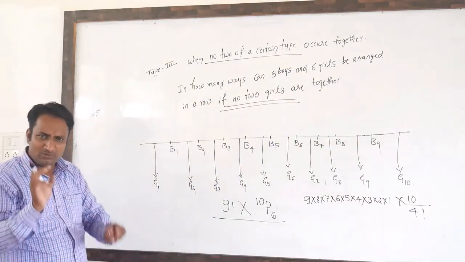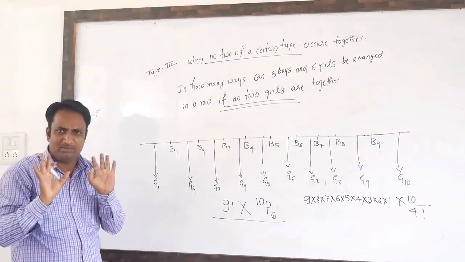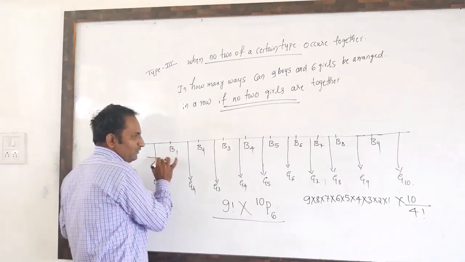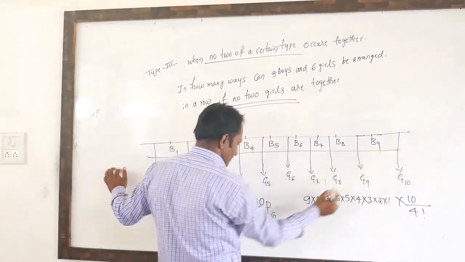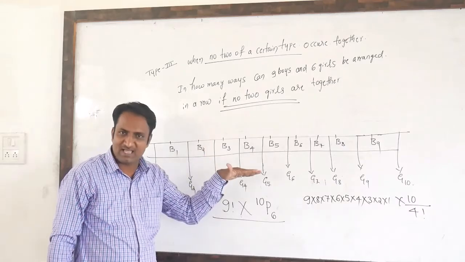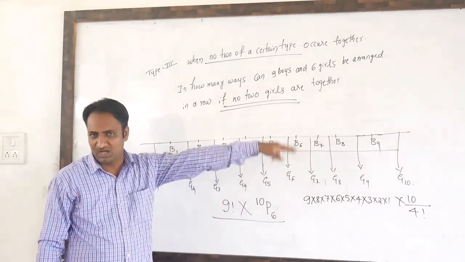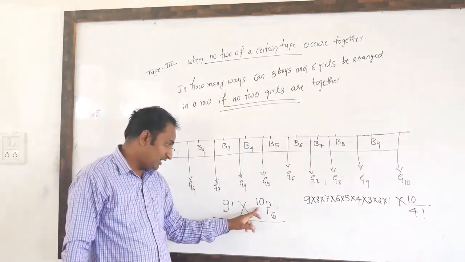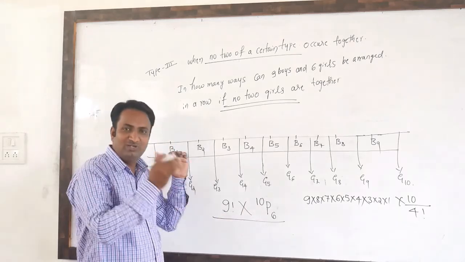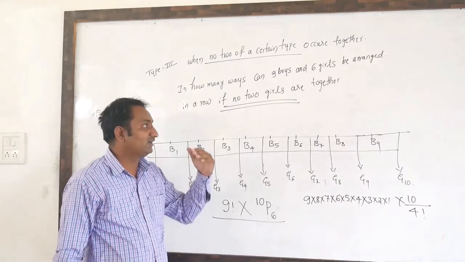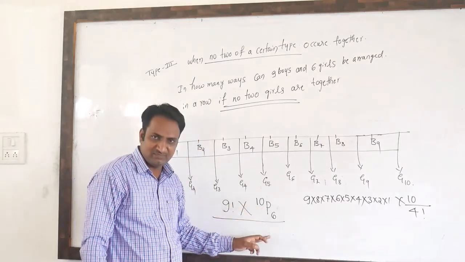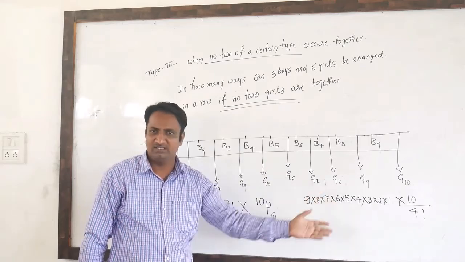This is the way of arranging 9 boys: 9 factorial. There are 10 possible places available for substituting the girls. That's why we can take 10 ways, and there are only 6 girls. That's why we can take 10 P 6. Simplifying, we get the answer.